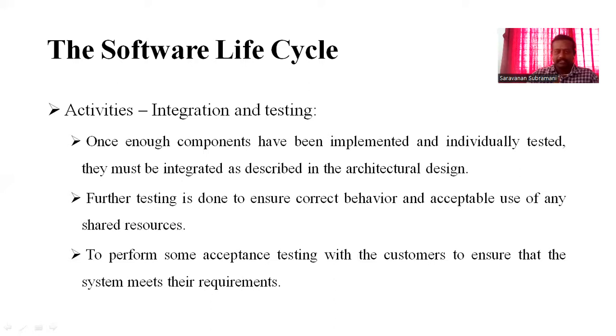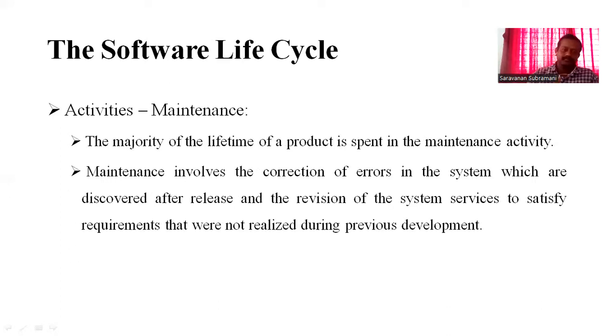Further testing is done to ensure correct behavior, and that any shared resources are properly used, accessed and processed. Everything should be checked clearly. Acceptance testing is performed with the customer to ensure that the system meets their requirements.